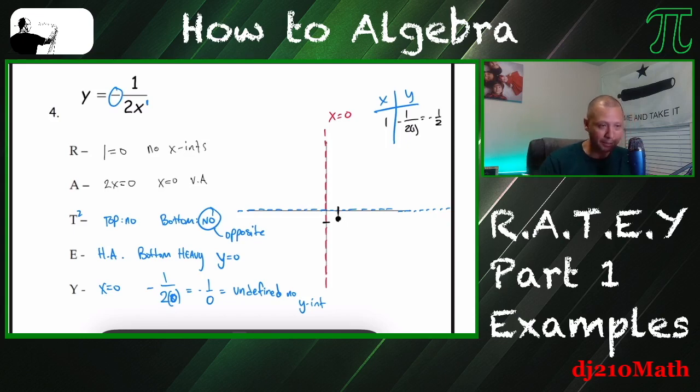The branch has to be in the bottom. It has to be. And then we know that because of this no right here, it's going to be opposite, right? The other branch has to be in the opposite direction on that vertical asymptote. So it's got to come from this direction, or head towards this direction rather.